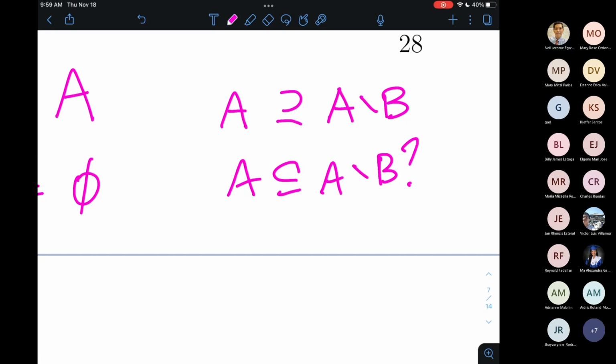Yes, Imisan, can you think of another way kung kailan mangyayari itong subset relation na to? Ano po, sir? Pag wala pong element ni A na nag-exist kay B. Okay, great. That's another possibility.